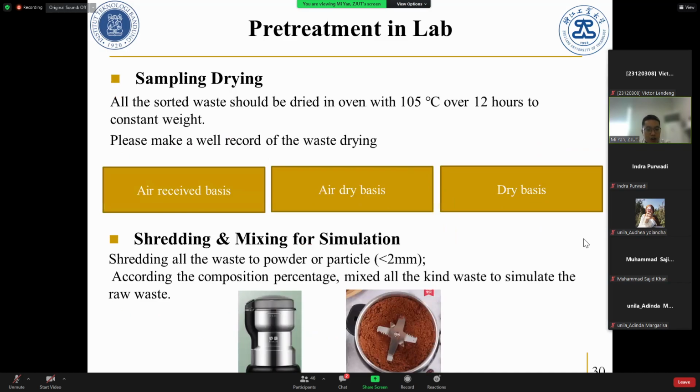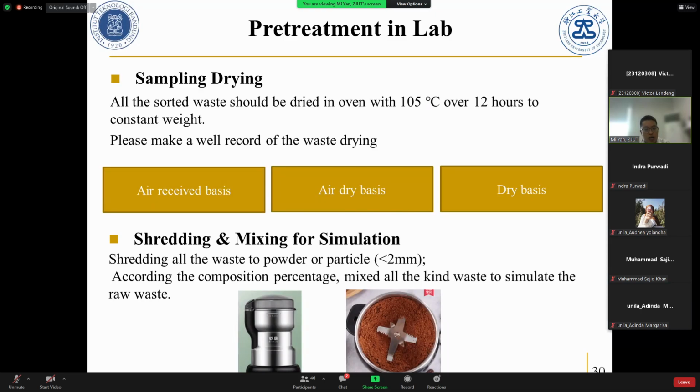After you collect your sample from the landfill, first you have to dry it. All solid waste should be dried in an oven at 105 centigrade for 12 hours to constant weight. After 4 hours or 10 hours, you weigh it to watch the mass change.